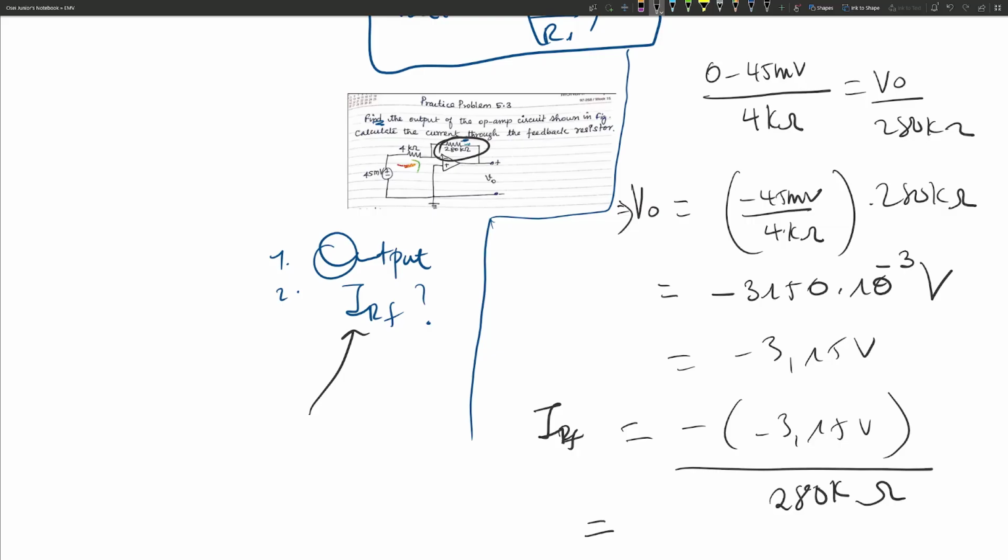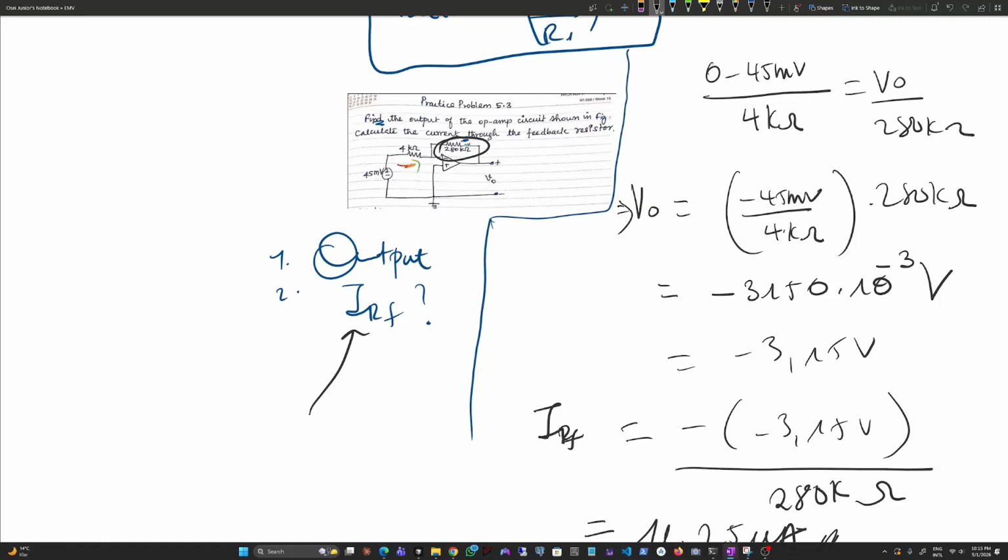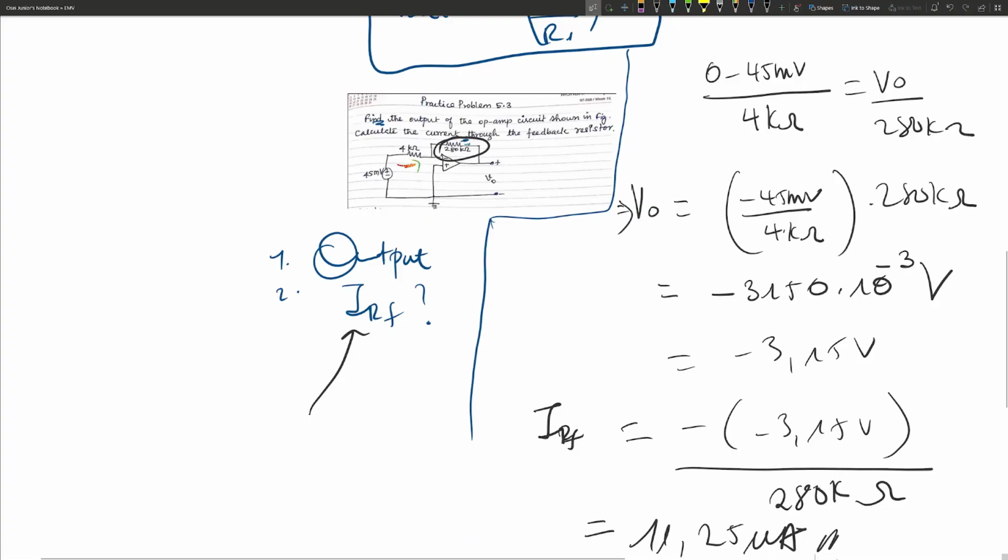Let's punch it into our calculator. We should be getting something like 11.25 micro ampere. So this is the value you should be getting at the end of your calculation.